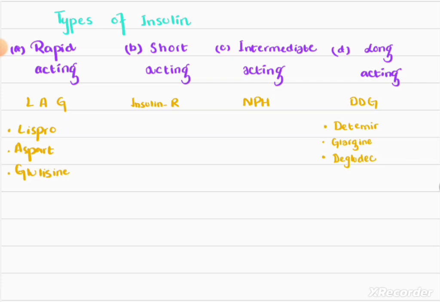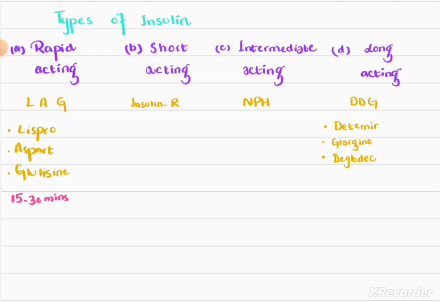Now, the rapid acting insulins, as the name indicates, have a very quick onset of action, which means their onset occurs in 15 to 30 minutes, and they must be administered 15 minutes before the meal.